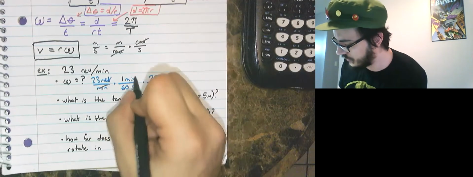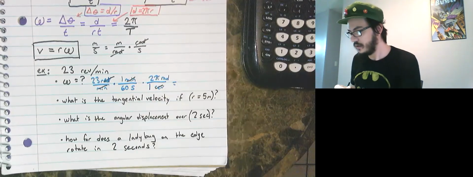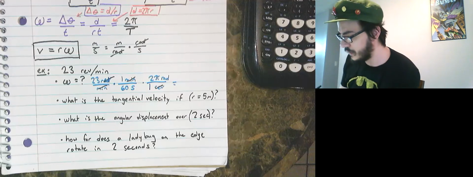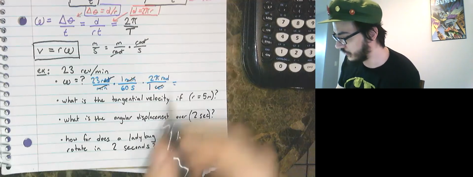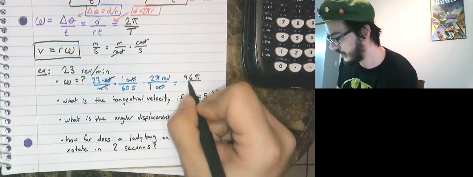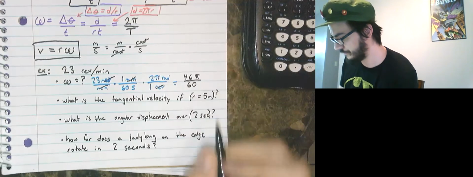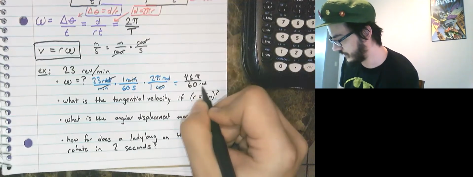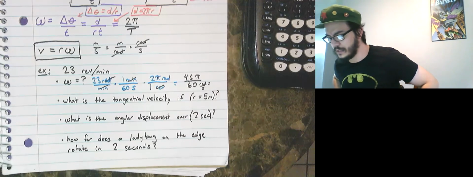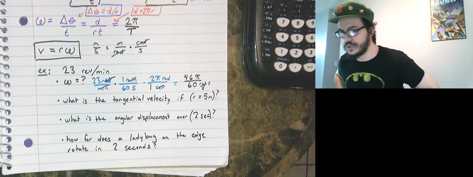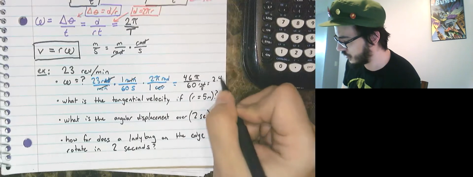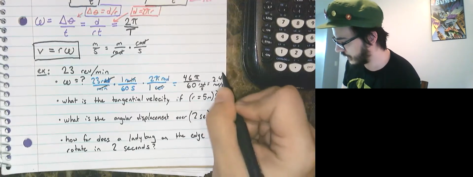Get rid of common units. We'll definitely get an answer in radians per second, which is good because that's of course what we want. 23 times 2 would be 46 pi divided by 60. And that's, of course, in radians per second. Simplify should be 2.3 and some change. Let's call it 2.4 radians per second.